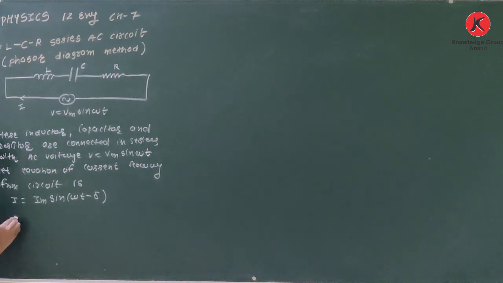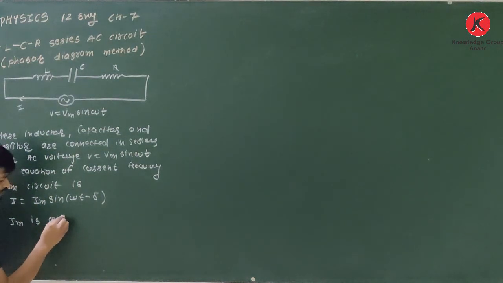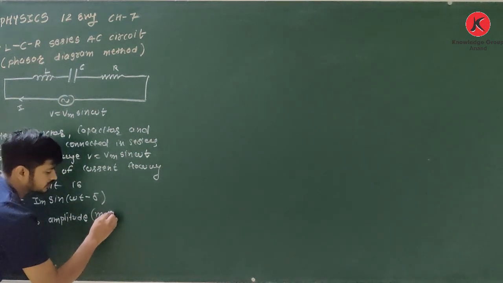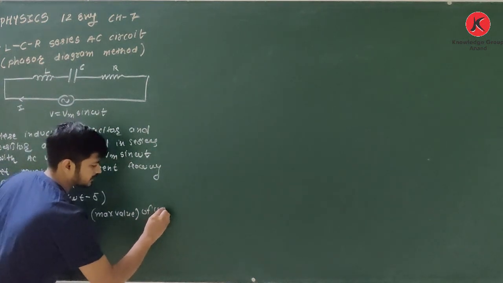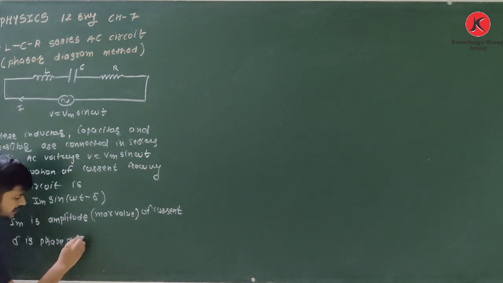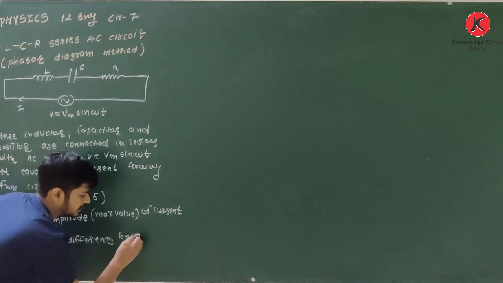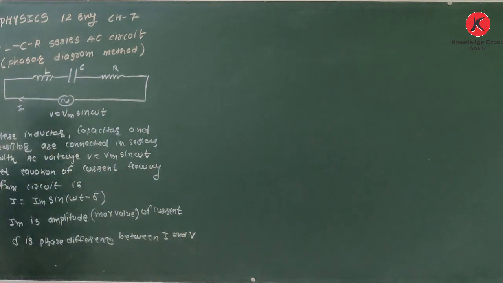Where Im is the amplitude, or you can say the maximum value of current. And delta is the phase difference between I and V, that is, current and voltage.